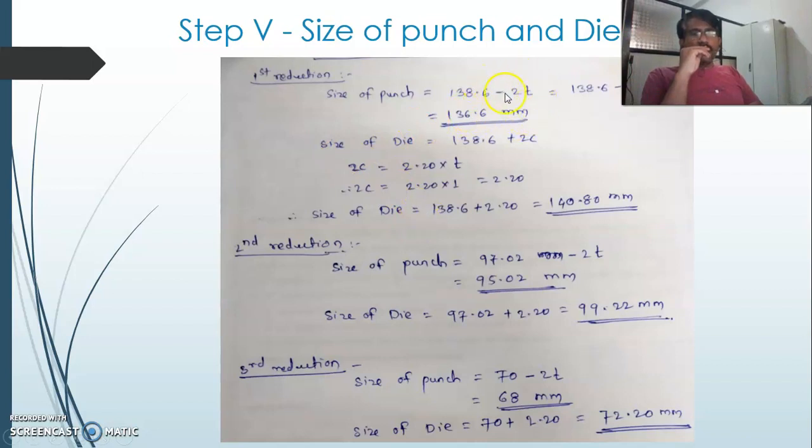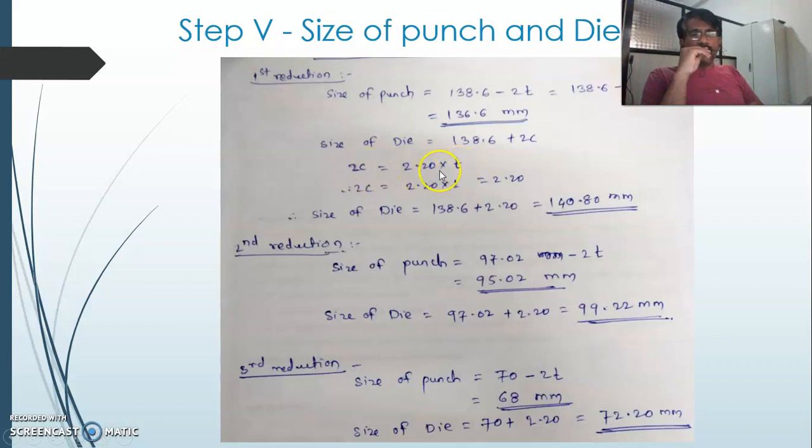So if we provide this punch, we can get the value inside the die for the shell, it is 138.6. The size of the die in this case will be provided with the plus clearance, so that the cup will get inside, and the size of the die in this case becomes 138.6, that is the cup size, plus 2c, and the 2c value for the die will be provided with the formula as 2.20 of the thickness.